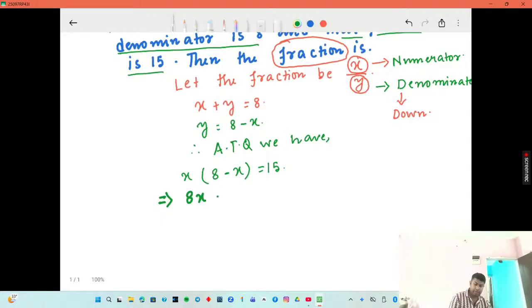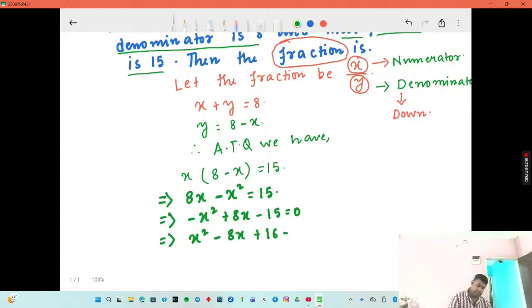8x minus x squared is equal to 15. Now minus x squared plus 8x minus 15 is equal to 0. So x squared minus 8x plus 15 is equal to 0.